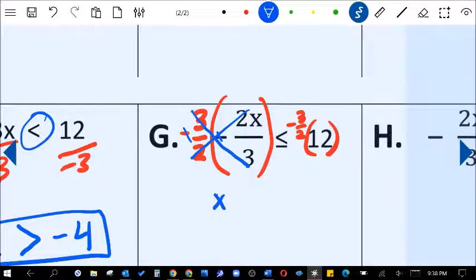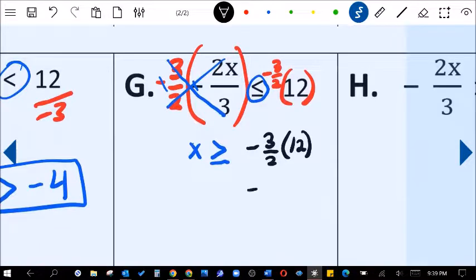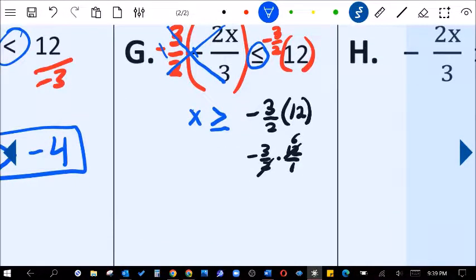And I have x by itself, but because I'm multiplying by a negative, I have to reverse the inequality sign direction. Now here in this case, what I need to do for the next one is let's do this a little more detailed like that. Okay, that's actually -3/2 times 12/1, and 2 can go into 12 6 times. So we get a -18.